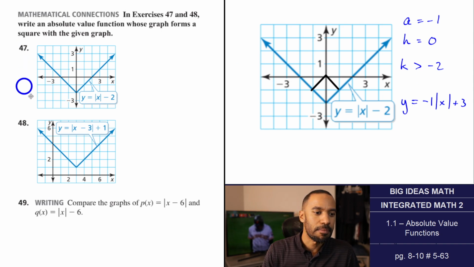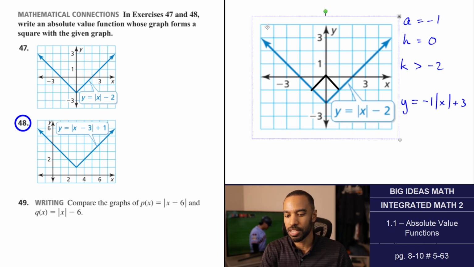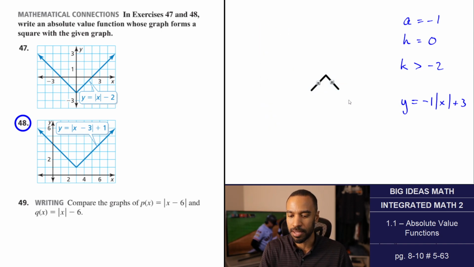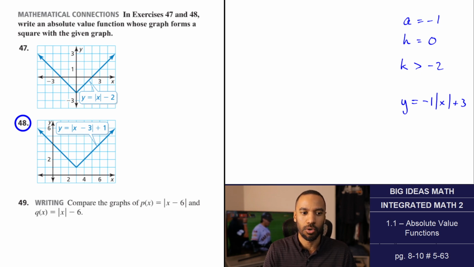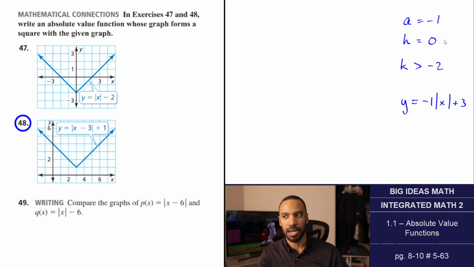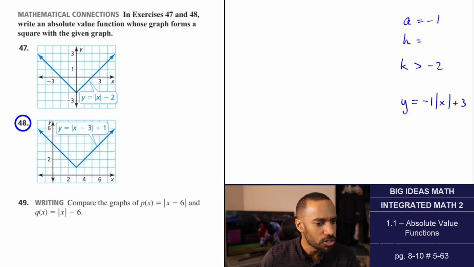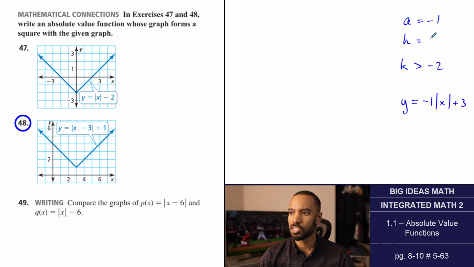All right, same thing with number 48. Let's just apply the principle and see if we can work it out with the same idea. We need to make sure that the graph kind of is above it. The opposite reciprocal would still be a -1 stretch factor. That doesn't change. But the h now looks like we have to translate it to 3. H has to be 3 this time.